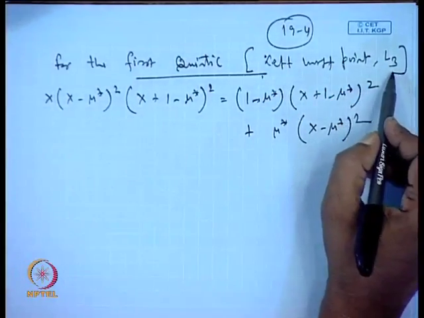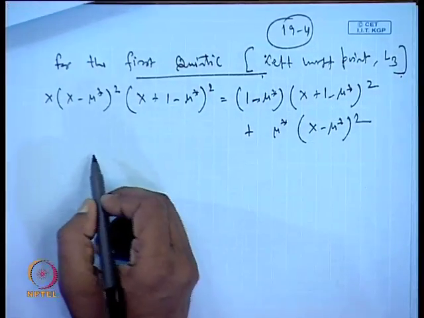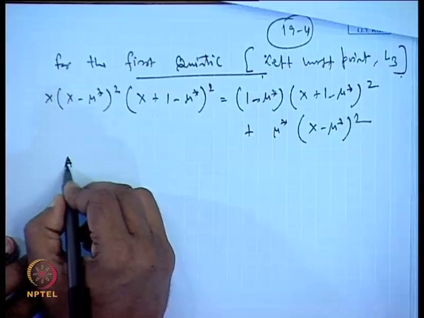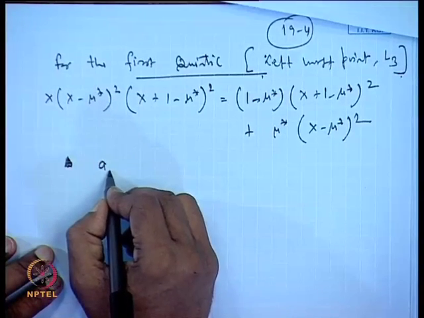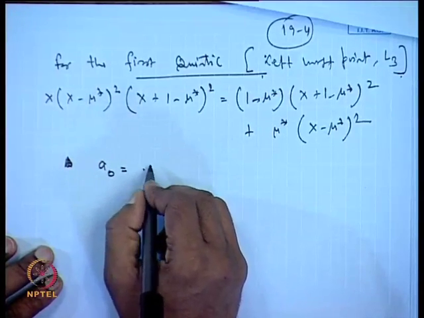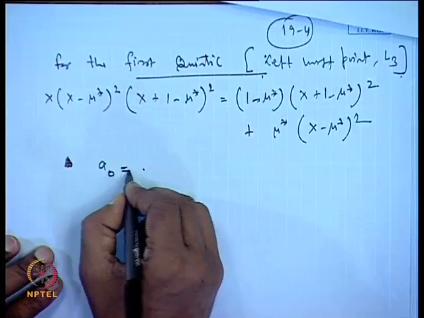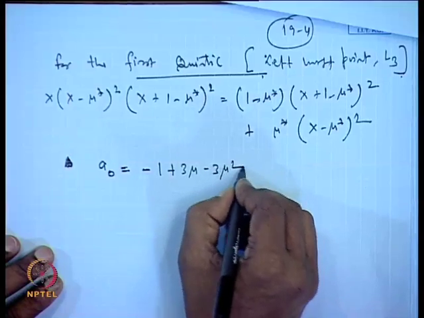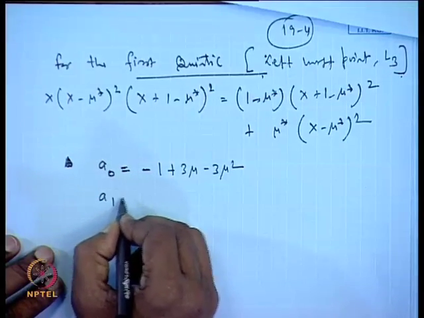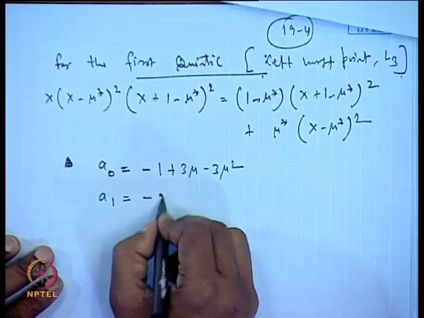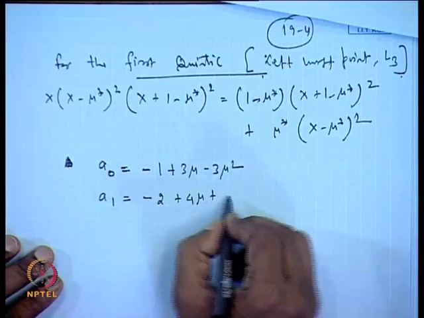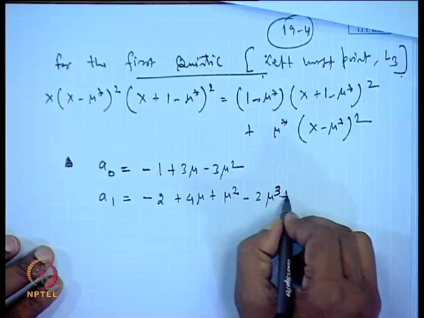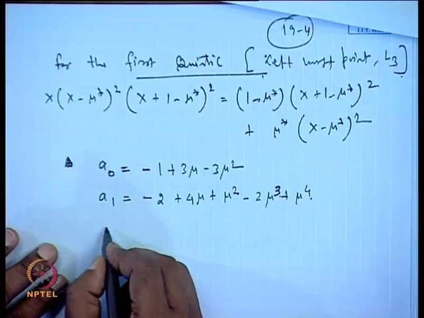For the Lagrangian point L 3 and for this quintic, the solution that we get we can write as: A 0 remains the same as we got for the second quintic, so A 0 will be minus 1 plus 3 mu minus 3 mu square, and A 1 will be changed: minus 2 plus 4 mu square minus 2 mu cube plus mu to the power 4.